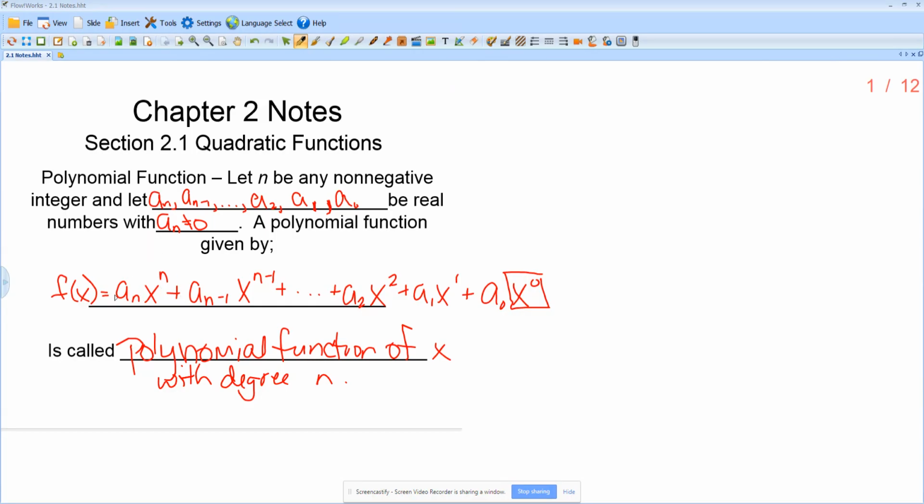The coefficients of x must be real numbers, and your lead coefficient cannot be 0. That would change the type of function. Anything that meets those requirements would be classified as a polynomial. So if I have a rational expression with x in a denominator, that's not a polynomial. Or if I don't have an integer, if I have some type of root, square root, cubic root, it's not a polynomial function because it has a fractional exponent.